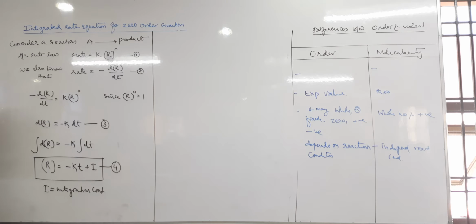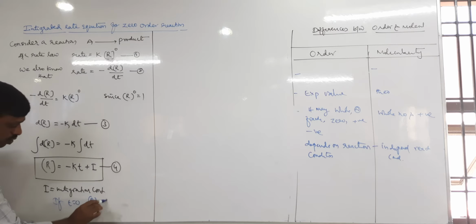Okay, now suppose tell me here, we want actually I equal to. Therefore what I do is, if t equal to 0, it means what? Before starting the reaction. If t equal to 0 before starting the reaction, then what is R equal to?